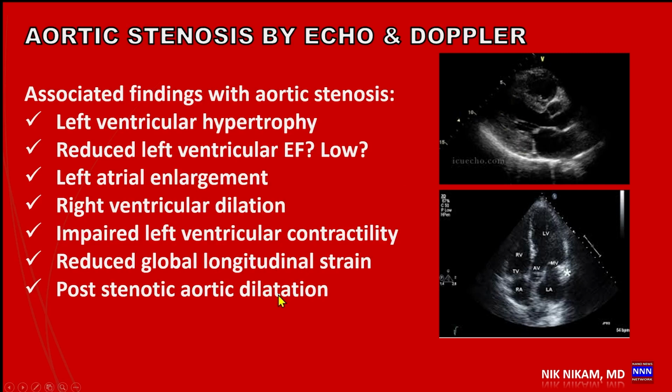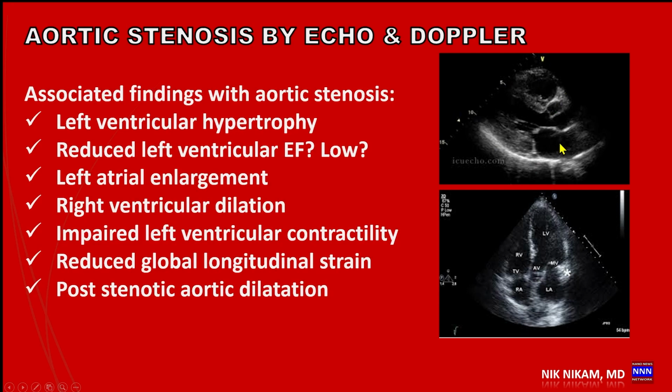In addition to that, we also look for any post-stenotic dilatation of the aortic root, or look for any evidence of membranes just beneath the aortic valve, which may suggest subvalvular aortic stenosis. So keeping these things in mind, we are just looking at the parasternal long axis.